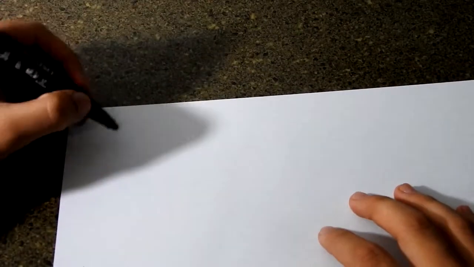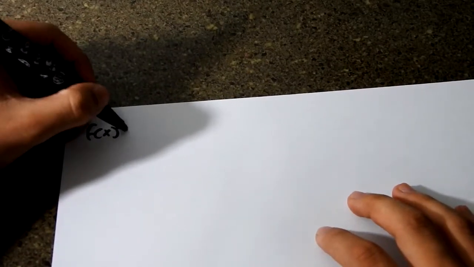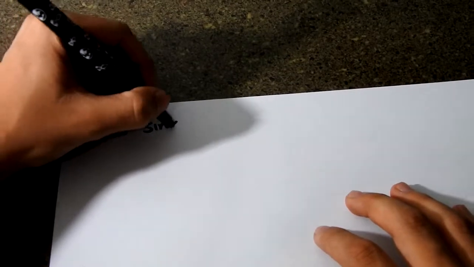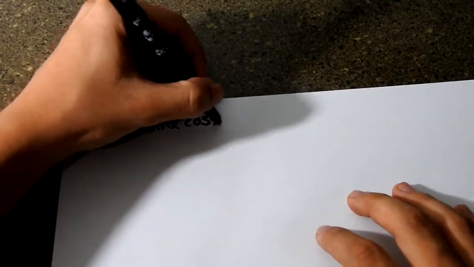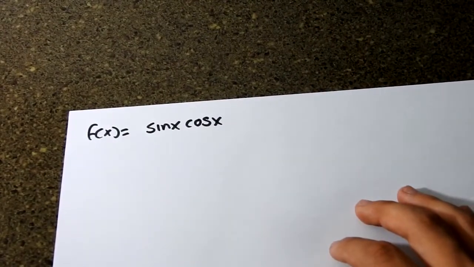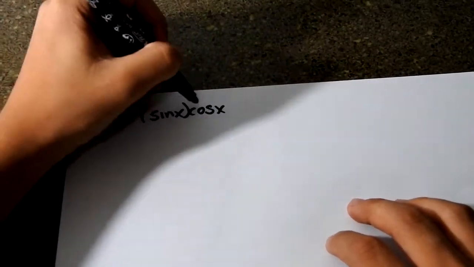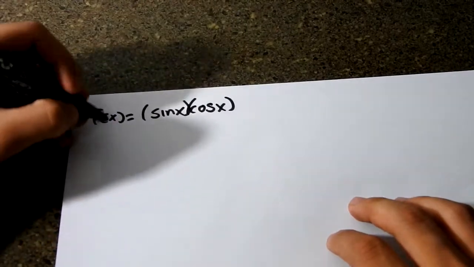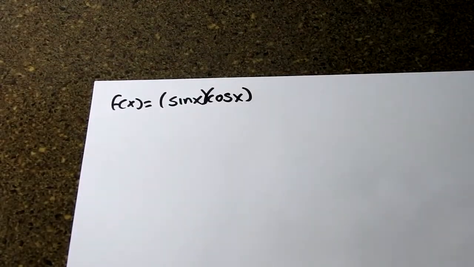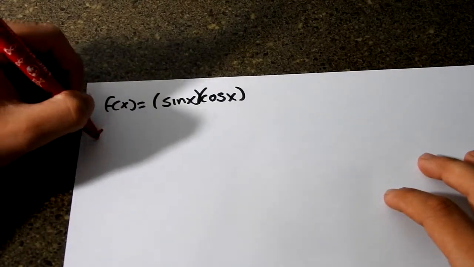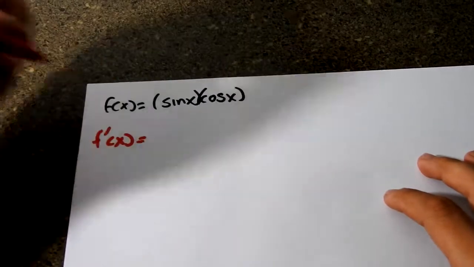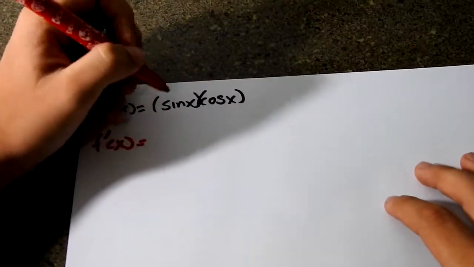trigonometric differentiation. So we have f of x equals sine x cosine x. So now we know that we have to use product rule because this is the product of two factors. And now, as the product rule says, we're gonna take its derivative as we always do.